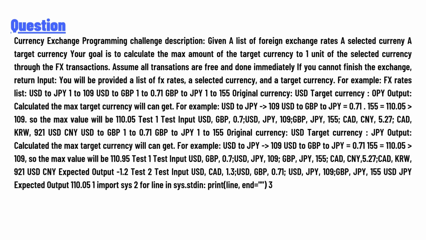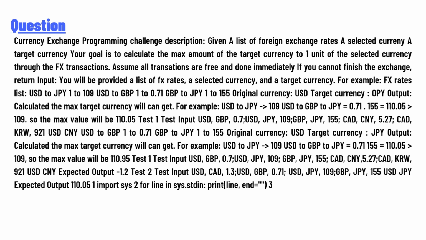USD to GBP is 1 to 0.7, and GBP to JPY is 1 to 155. Original currency USD, target currency JPY. Output: calculate the max target currency you can get.